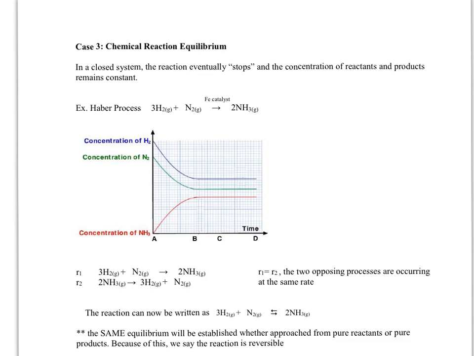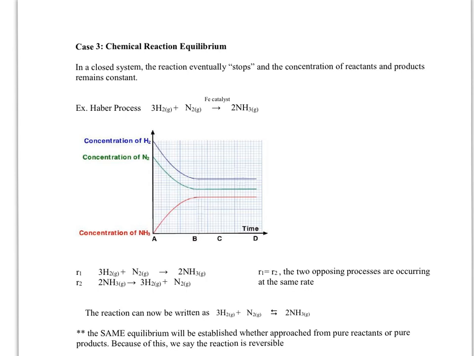So basically, I mentioned that it looks like the reaction stops. This is actually a graph of what happens to the concentration over time. You can see that for this reaction, we've got hydrogen gas and nitrogen gas reacting to produce ammonia.